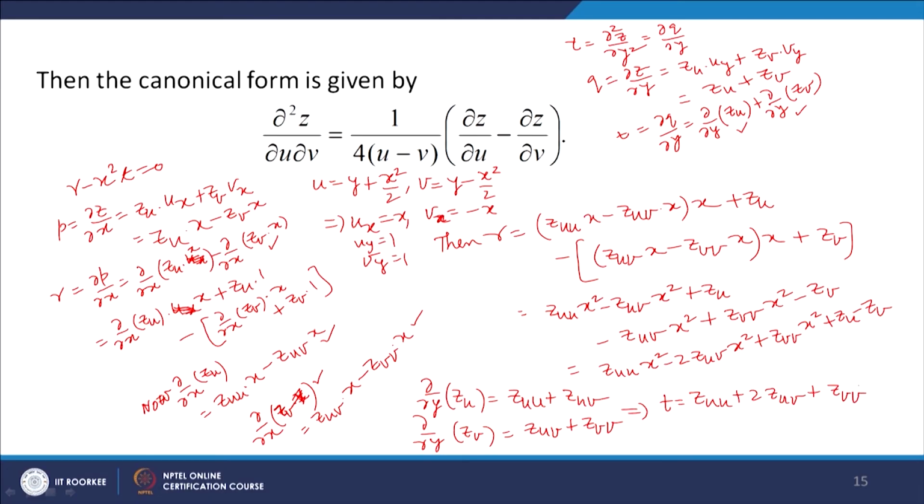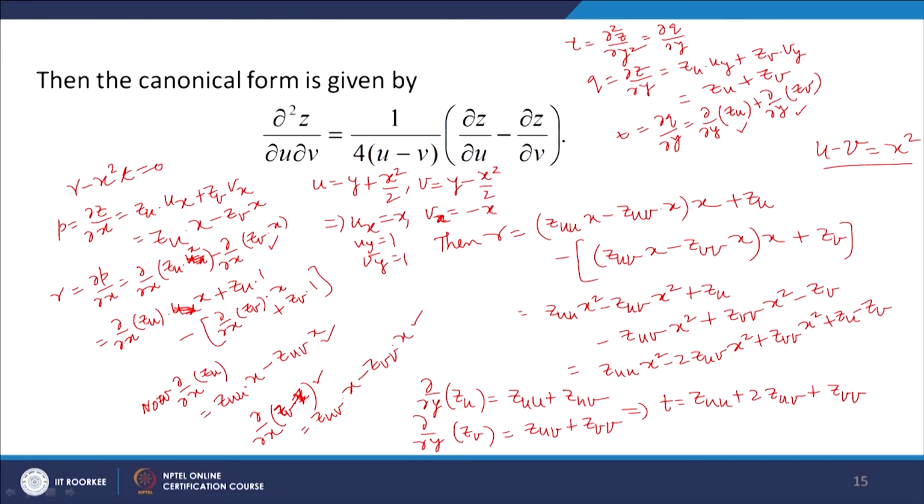We have got the values of R and T, and what is x here? You can see u is y plus x square by 2, v is y minus x square by 2. So, u minus v is equal to x square.